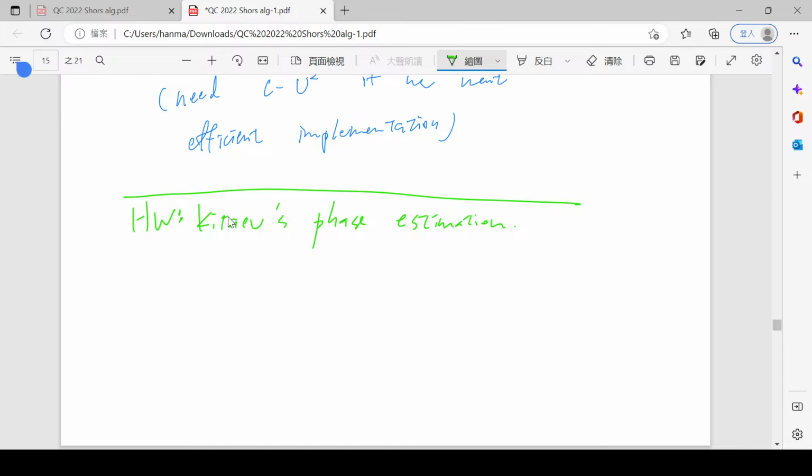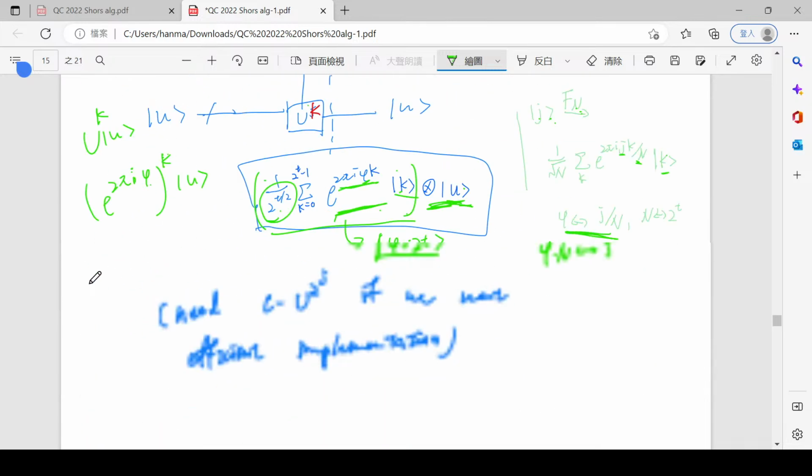So there are two people around this. There is Peter Shor for Shor's algorithm, and there is Alexei Kitaev, who was in Russia during the time of the story. So Peter Shor invented Shor's algorithm using the quantum Fourier transform.